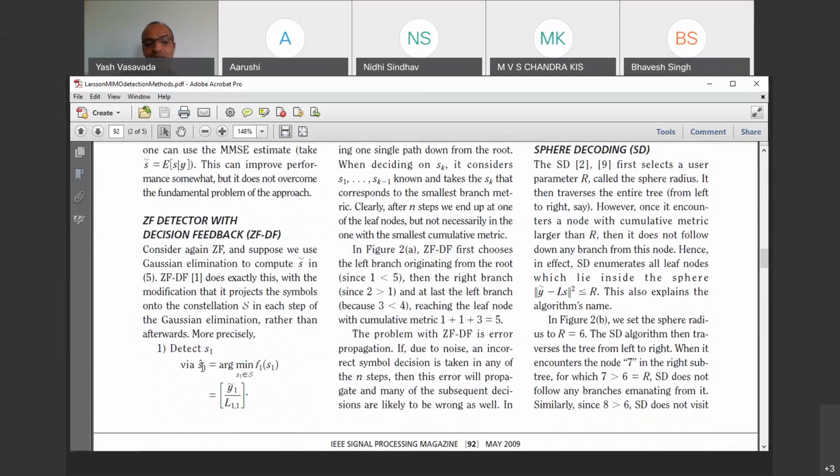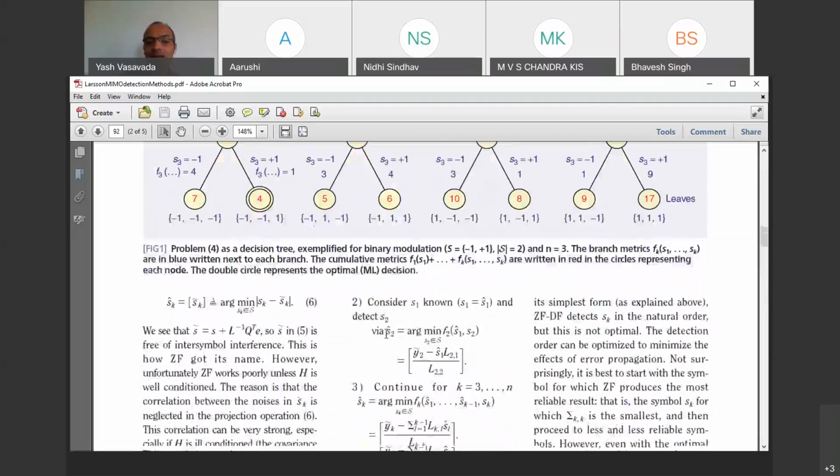In that lower triangular version, we first detect S1 hat as simply Y1 divided by L11. Then, using that estimate of S1, we detect S2, which is Y2 tilde minus S1 hat L21 divided by L22, and so on.